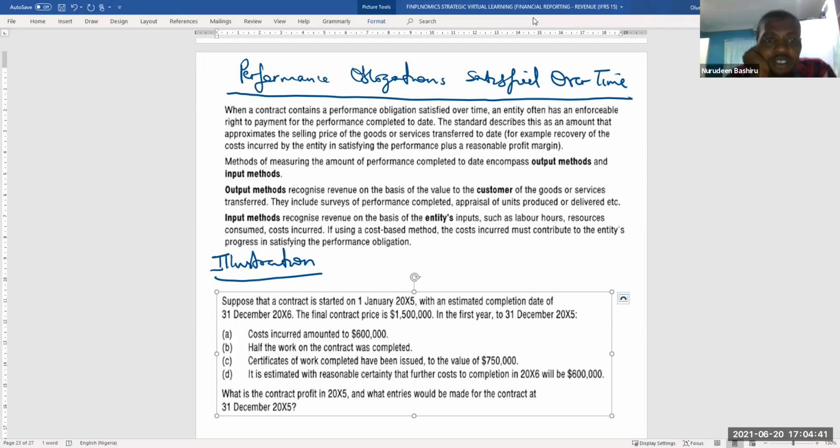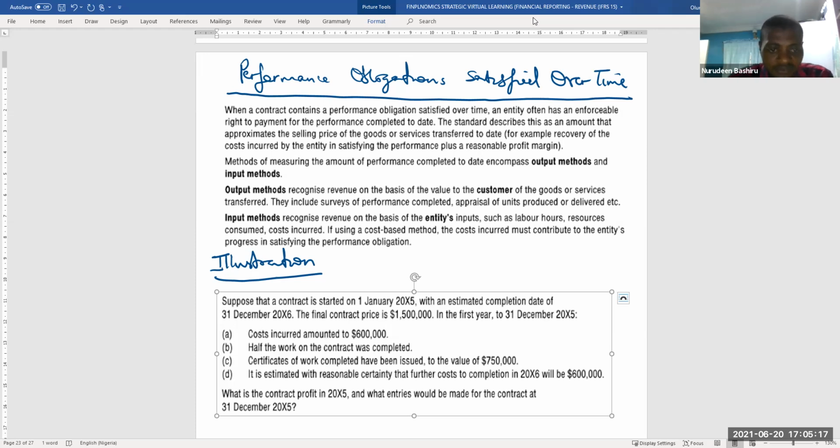Illustration. Suppose that a contract is started on 1st January 20x5 with an estimated completion date of 31st December 20x6. The final contract price is $1,500,000. In the first year to 31st December 20x5: A, cost incurred amounted to $600,000. B, half the work on the contract was completed.